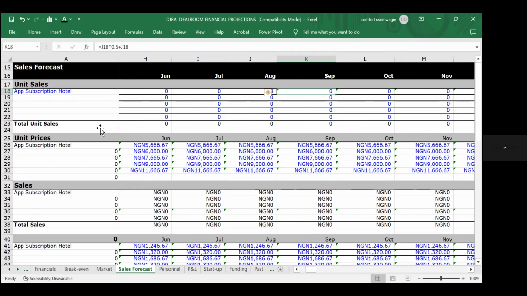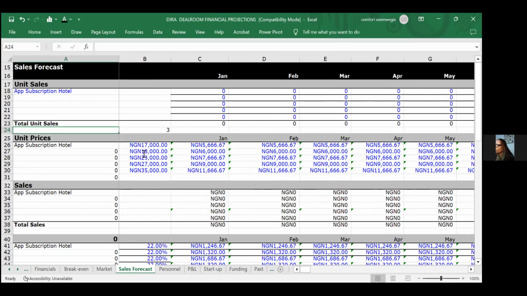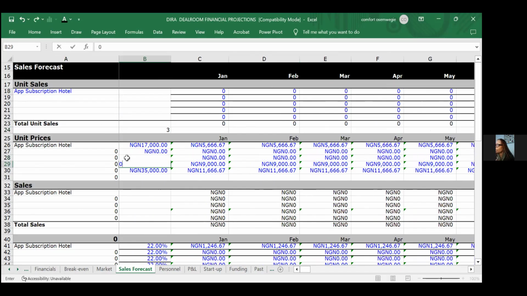Yes. Good. And on the unit price, I'm going to do 0, 0, 0. That's it. So on the unit price, it's going to give me 5,000 here. Right.